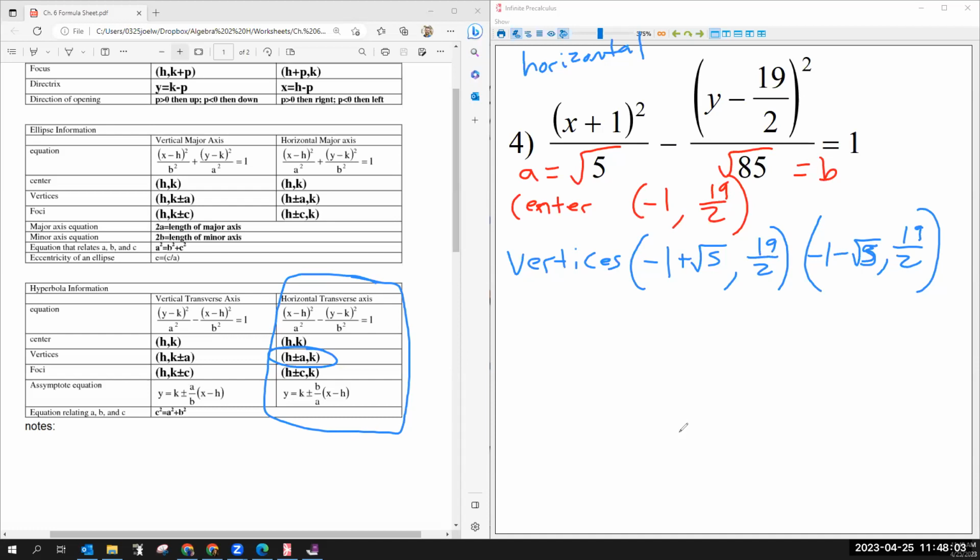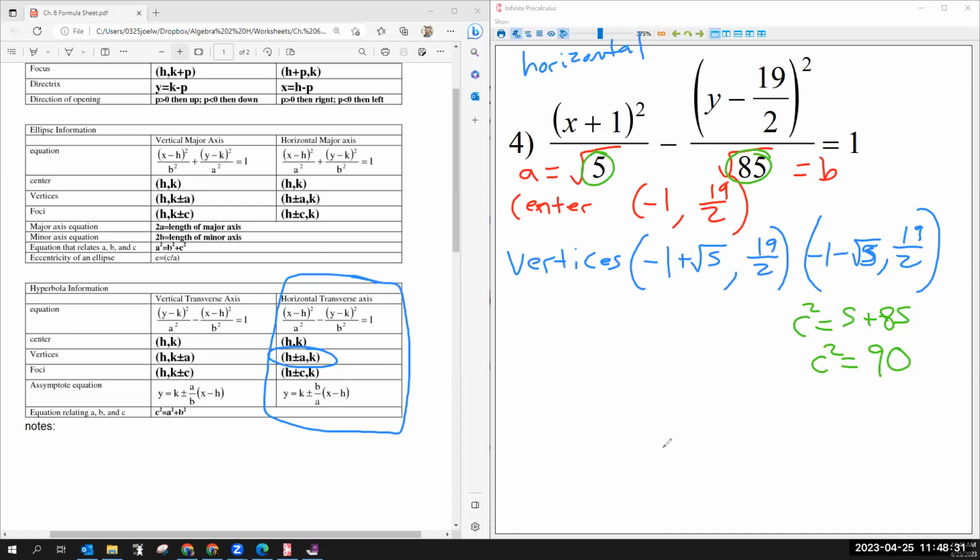So there's vertices. I do need to figure out what C is so we can find our foci. So we have C squared is equal to A squared plus B squared, 5 plus 85. So C squared is 90. 90 is divisible by 9, so it definitely can be simplified.